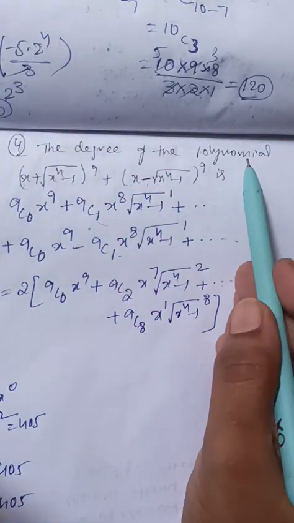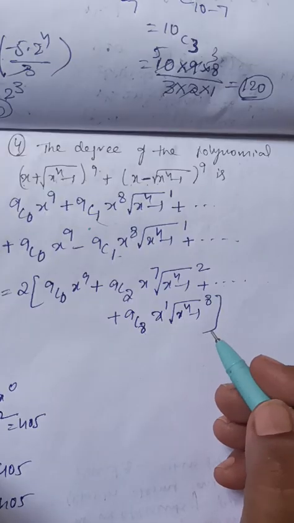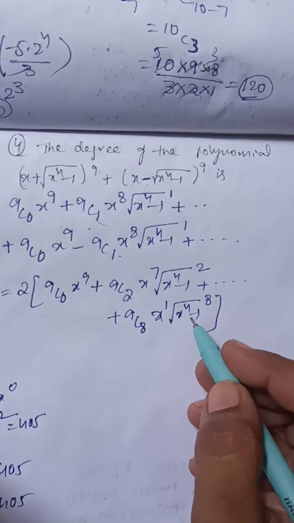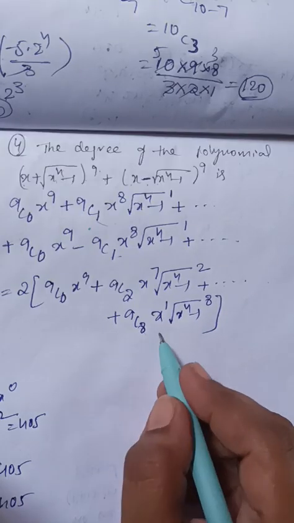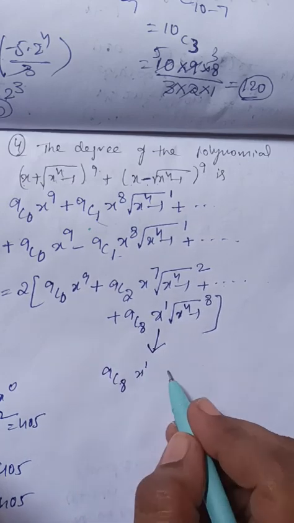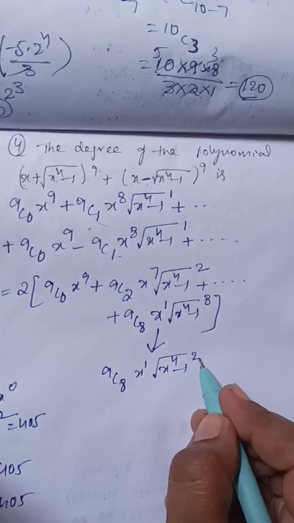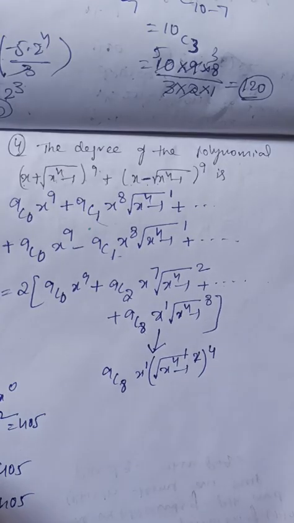Here, degree of the polynomial means the highest power of x. So what will be the highest power of x? Take this last term, 9c8 x power 1 into (x power 4 minus 1) whole power 8, which can be written as (x power 4 minus 1 under root) whole power 8 equals whole power 4 and the square root gets cancelled.